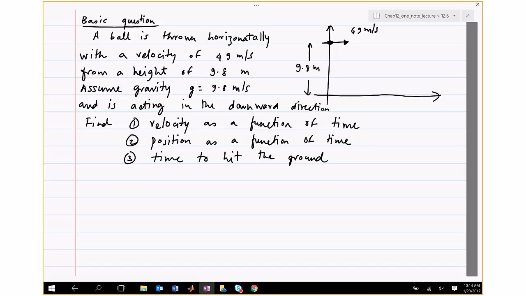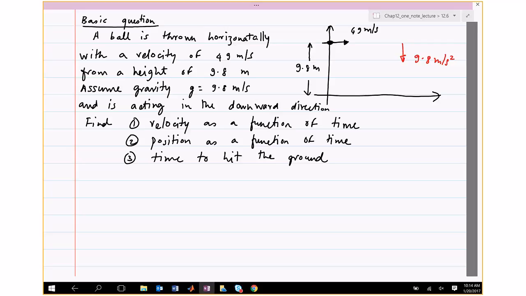Gravity is pointing this way, 9.8 meters per second square. You've got to find the velocity as a function of time, then position as a function of time, and the time the ball takes to hit the ground. Can you try to do this? This is just a straightforward application of the formulas.